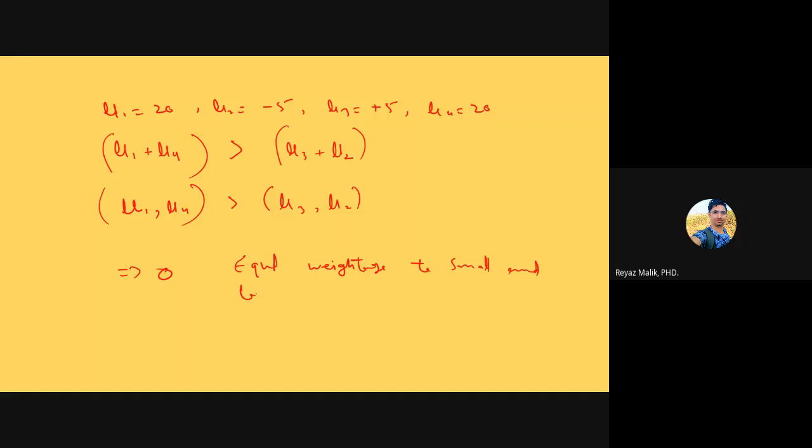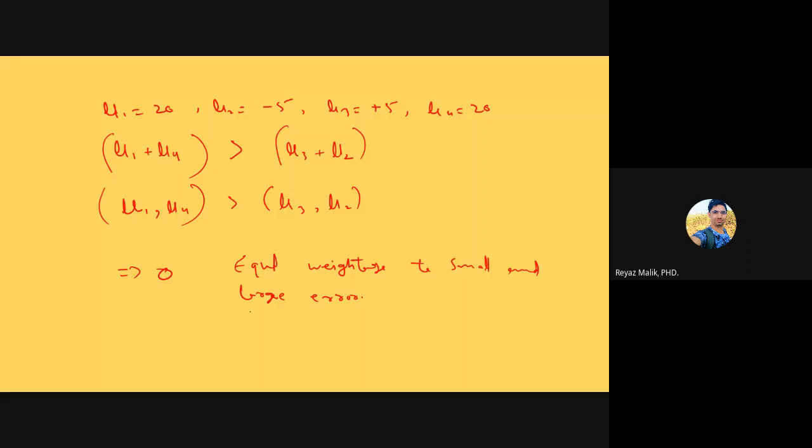It gives equal weightage to large errors too. Equal weightage means it treats them equally. When we sum up the errors, we get the same result.